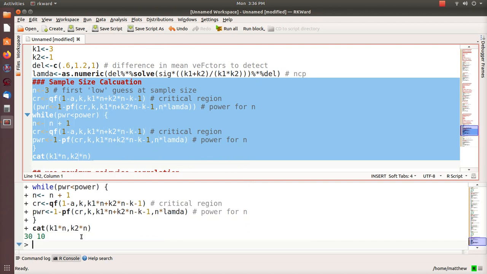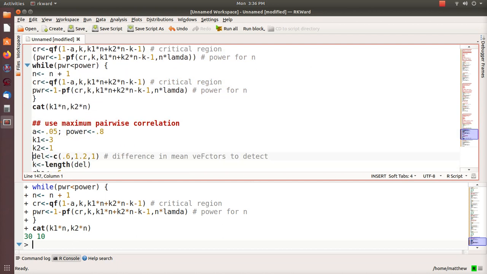So that is, we need 30 and 10 to achieve 80% power. Now, in a 1-to-1 randomization, where that's sort of optimal power, we needed 15 in each group. So that's 30 total. Here we need 40. So since we're not in the 1-to-1 and we're in 1-to-3 randomization, we need 10 additional observations.